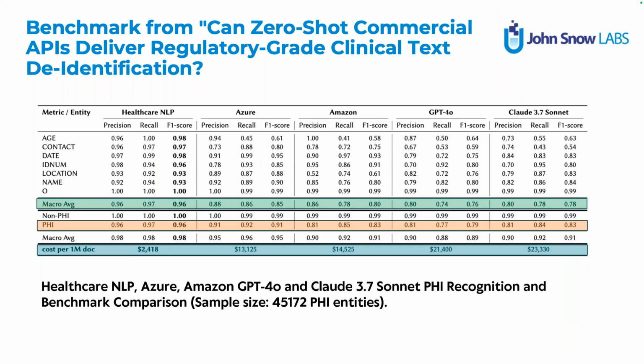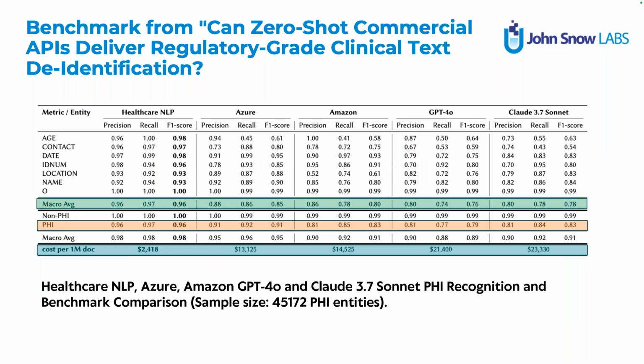This performance notably surpasses that of Azure, Amazon, GPT-4o, and Claude 3.7 Sonnet, particularly in sensitive areas such as contact and location, which are often challenging for general-purpose models. Beyond accuracy, we also demonstrate remarkable cost efficiency.